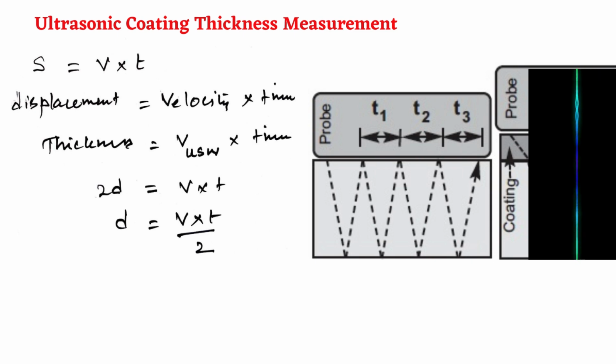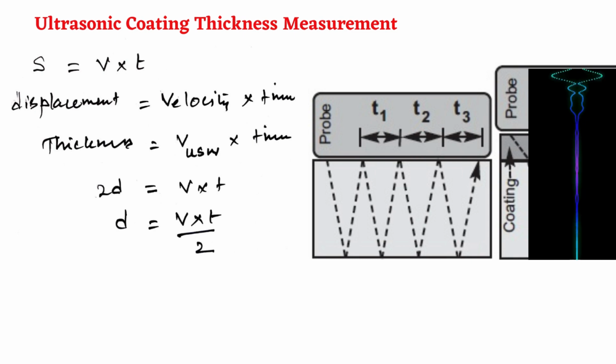We send the ultrasonic signals from the top and they get bounced from the substrate. We measure the time taken, and based on that we can calculate the distance traveled by the ultrasonic wave. That is nothing but the thickness. Actually, the distance is 2D because the wave has to go and hit the substrate and come back.